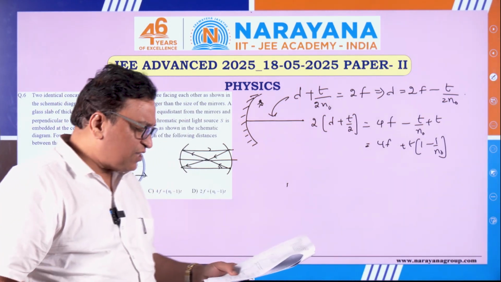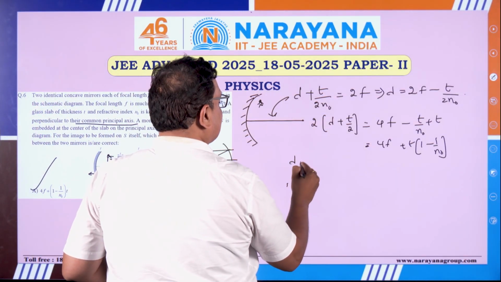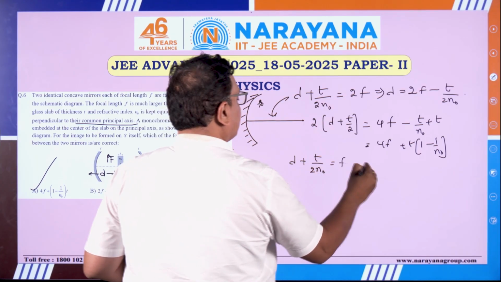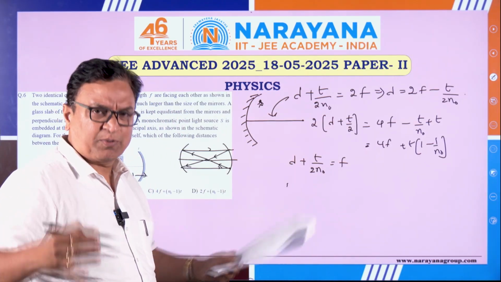So now my next target is very clear. D plus T by 2 N naught is F. That is also possible. Now do everything with the same process.